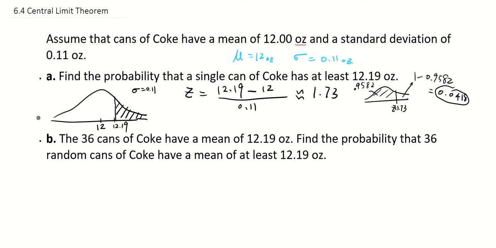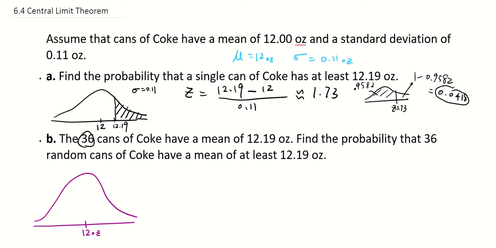We're dealing with a sample of 36 cans. We're not using the same normal distribution as before. We're using an adjusted normal distribution for this sampling distribution.